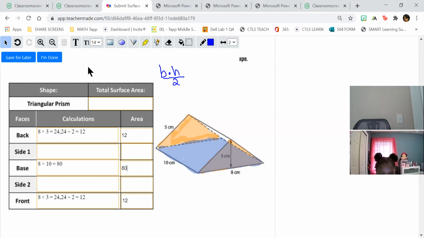Now we can focus on our sides. And we know that side 1 and side 2 are congruent on a triangular prism. So I'm going to try to highlight one of these quadrilateral sides. And remember, guys, it doesn't have to be perfect. Mine surely is not.